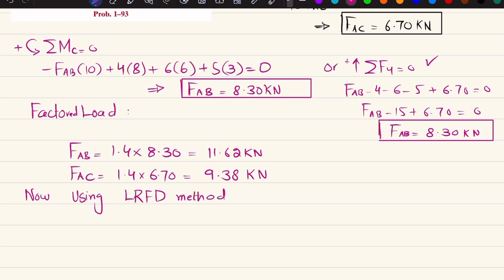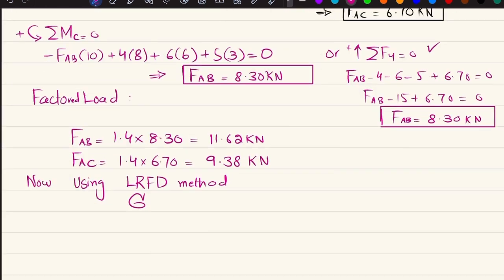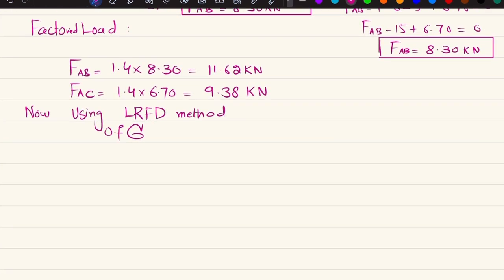By using this, we know that this factor which is given as phi 0.9, so this 0.9 into failure stress will be equal to, for rod AB, 0.9 into failure will be equal to FAB, because this is in tension, and the given resistance factor for steel in tension is 0.9, so this will be equal to area of AB, clear?